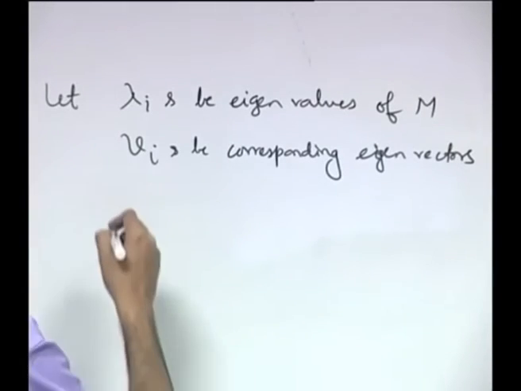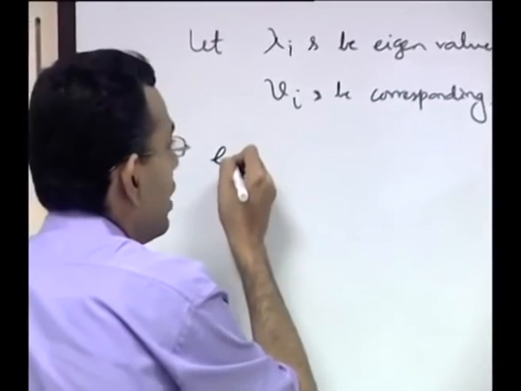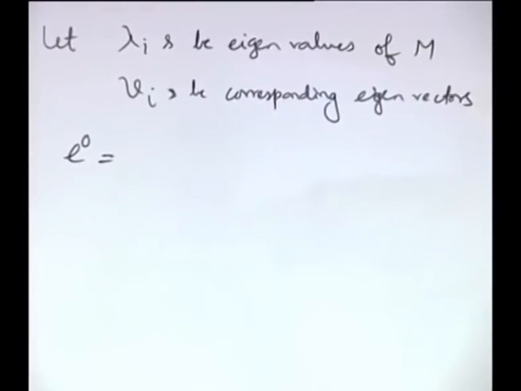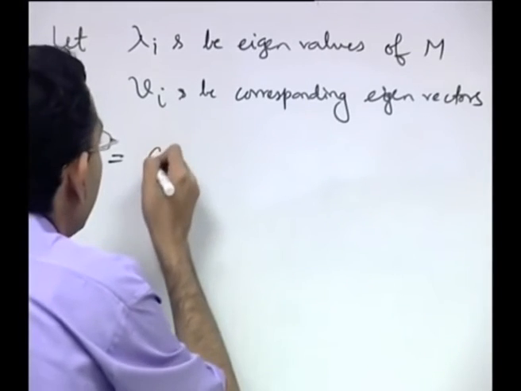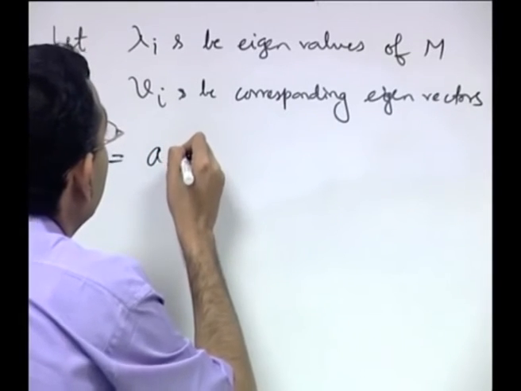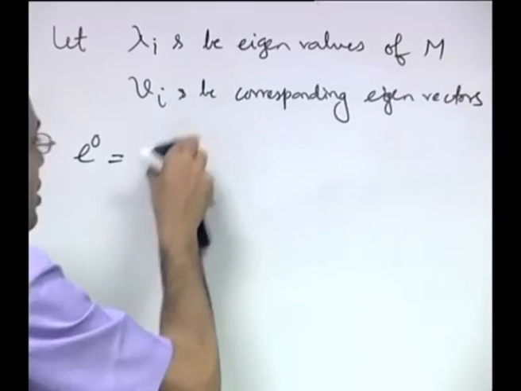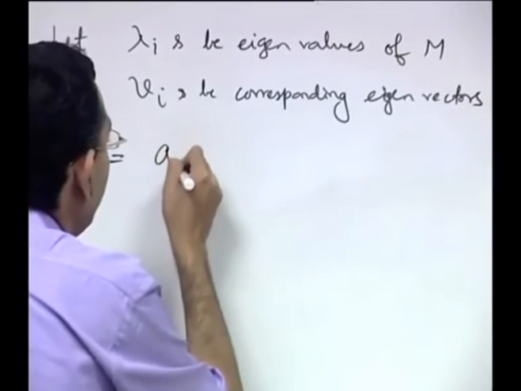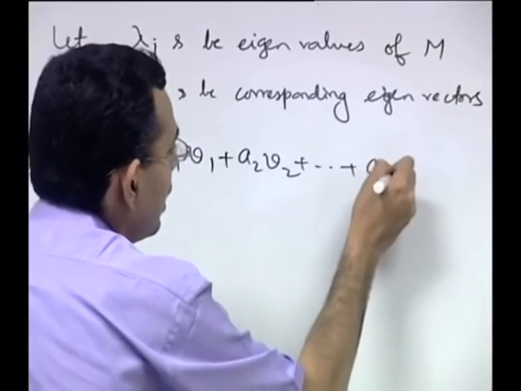Now let us form the vector E0 as a linear combination of the eigenvectors corresponding to M. So we can form this as A1 V1 plus A2 V2, in this way, plus An Vn.